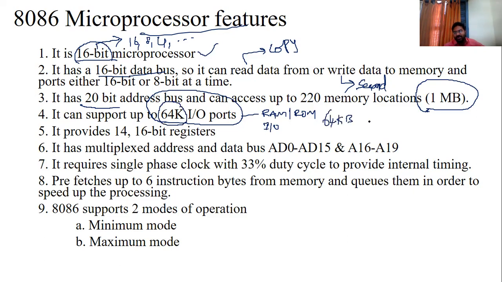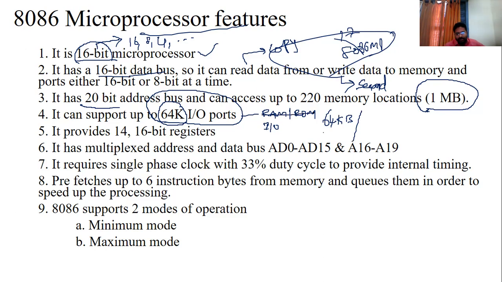Now you are using pen drives or USBs of terabytes, but in 1978, with the 8086 microprocessor, the input output device size was only 64 KB.